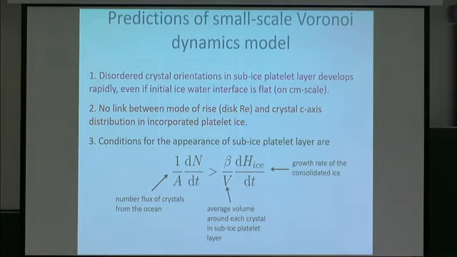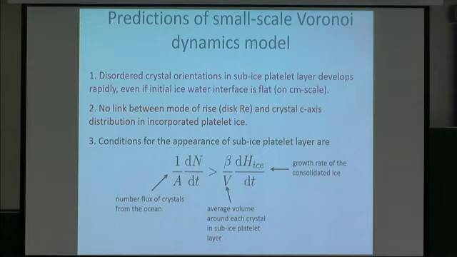So what we got from this model is a few things. First of all, that platelet ice is always going to be disordered. Even if you start with a flat plate, it ends up disordered, and it didn't seem to matter which way these crystals rose up from the ocean. We also got a condition for when the subice platelet layer would form.